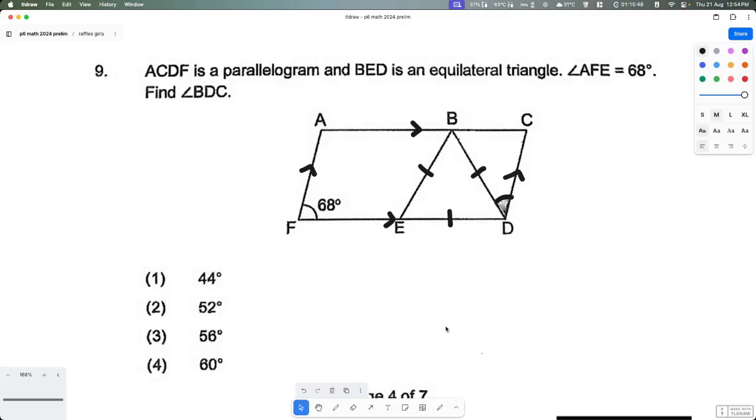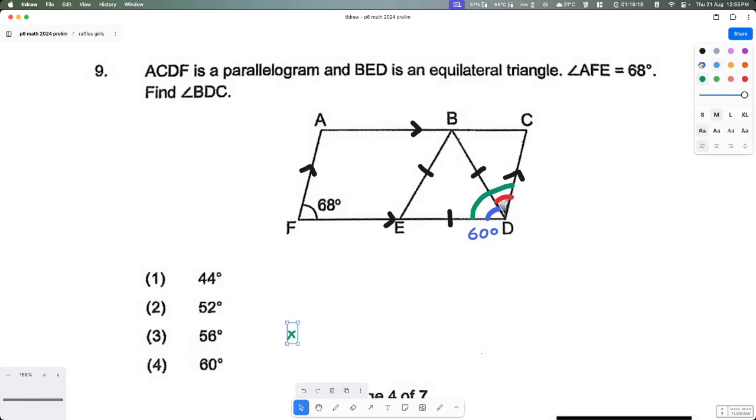So what we can do is get this green angle as what we see over here. And since we know this blue angle over here is 60, let me just write down 60 degrees. Then we can get this BDC red angle.